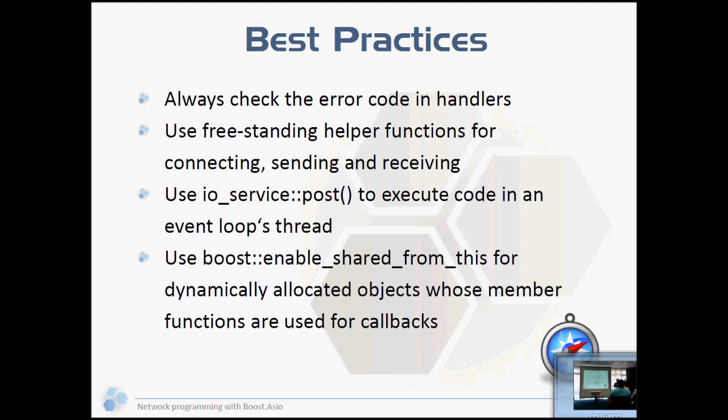That could be a very bad idea if there are other outstanding asynchronous operations which will at some point want to call a member function of the object which doesn't exist anymore. You typically use something you see in a lot of samples in Boost.Asio, called boost::enable_shared_from_this. That is also something we are going to see when we look at the sample programs.